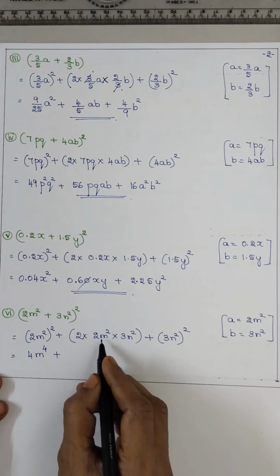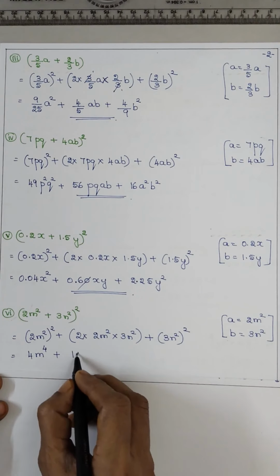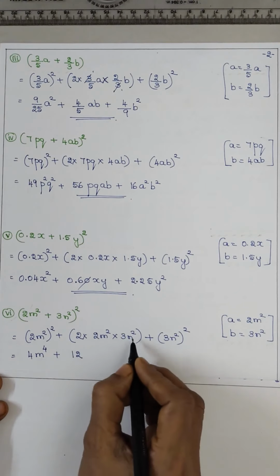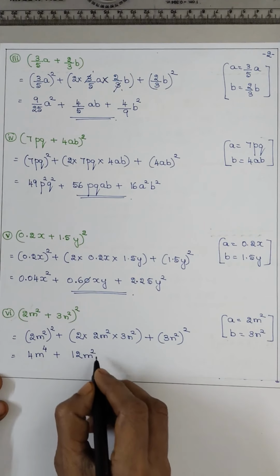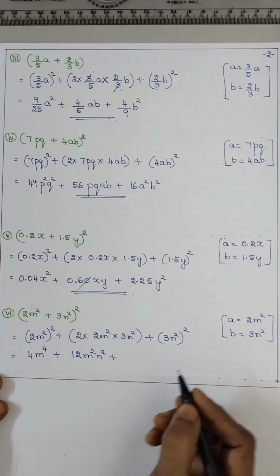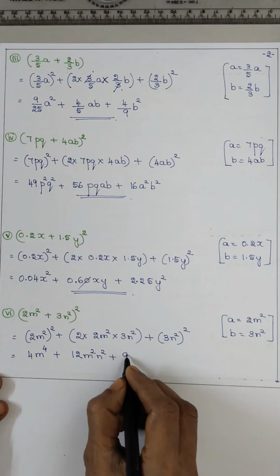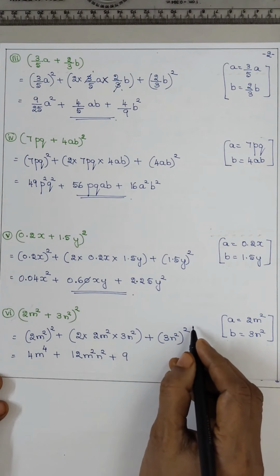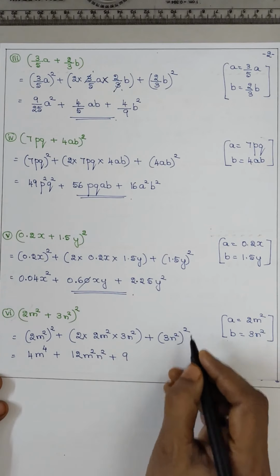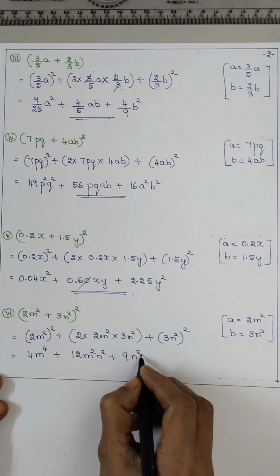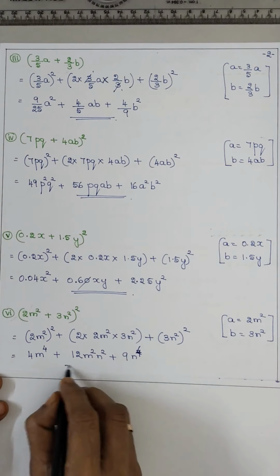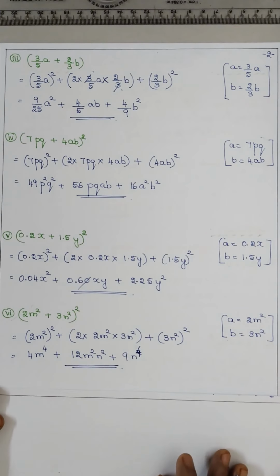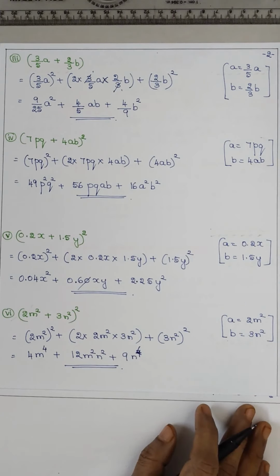Now it is 2 2s are 4, 4 3s are 12, m squared n squared, plus 3 squared is 9, n squared the whole square. Multiply 2 2s are 4, so n to the power 4. So this is the final answer.